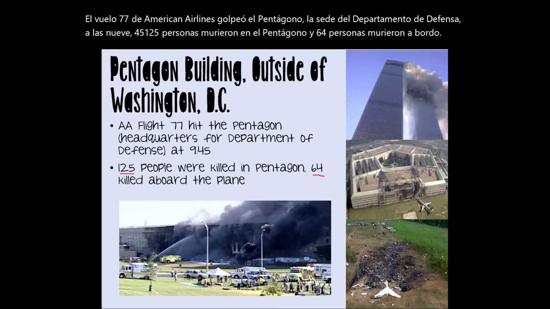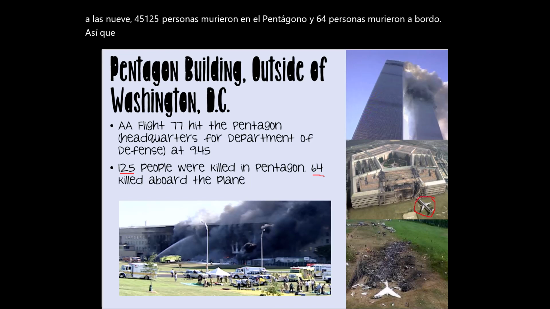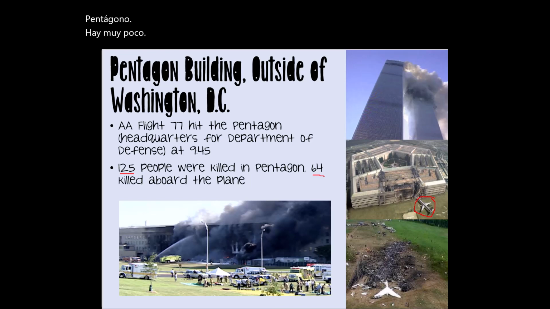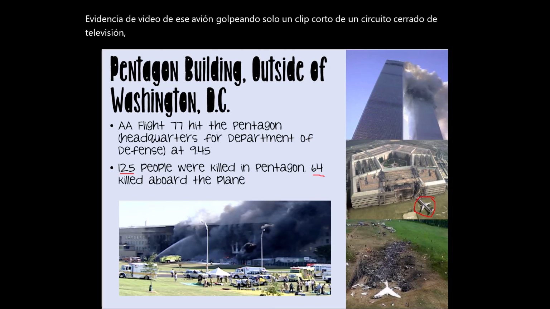So here you have an illustration of what they believe it looked like when the plane hit the Pentagon. There's very little video evidence of that plane hitting, just one short clip of a closed circuit television, which does not have a good picture of it.